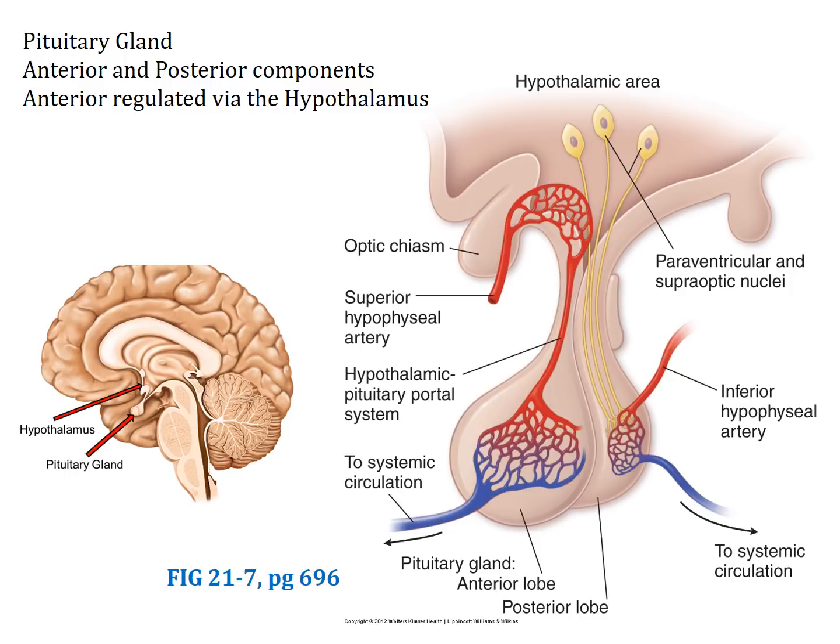The arterial venous capillary portal that you see between the hypothalamus and the anterior pituitary is an extremely important anatomic structure, and that's what allows the hypothalamus to have interactions directly with the anterior pituitary.